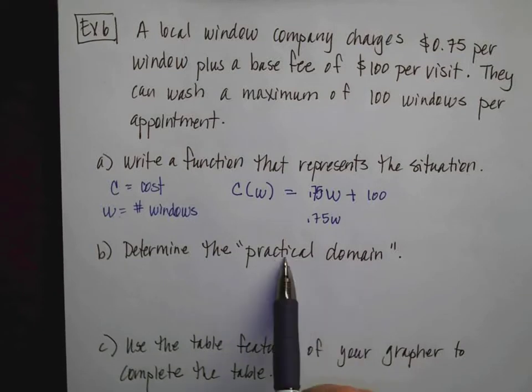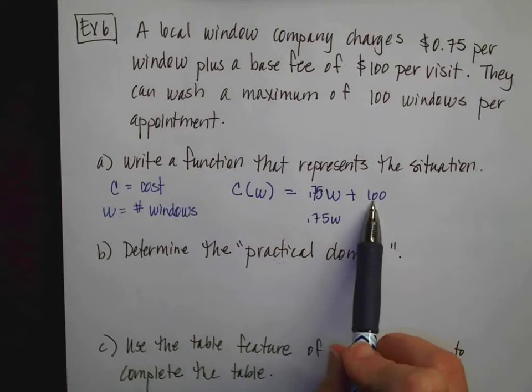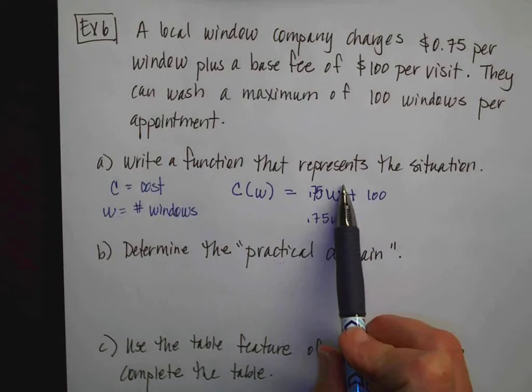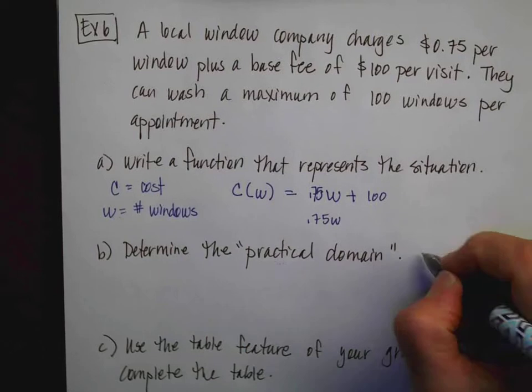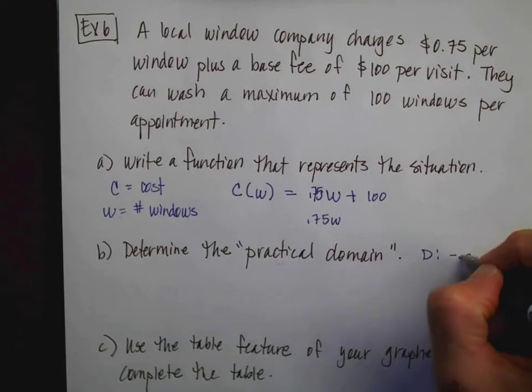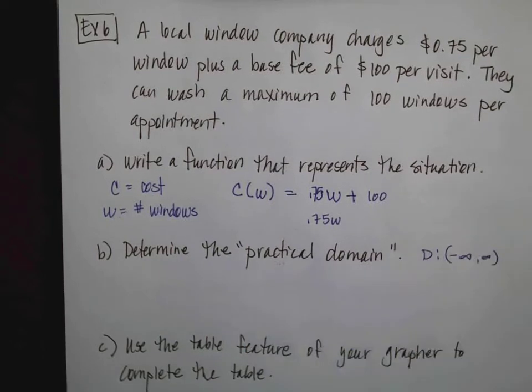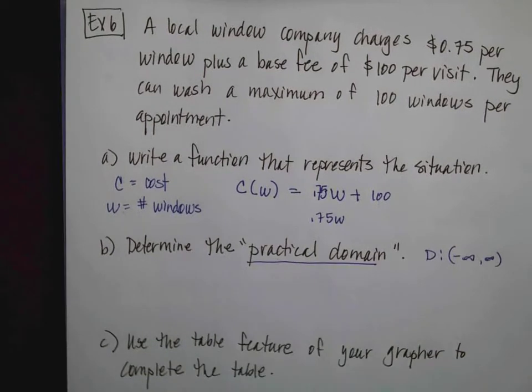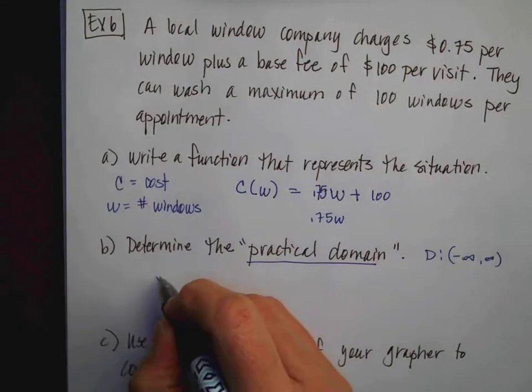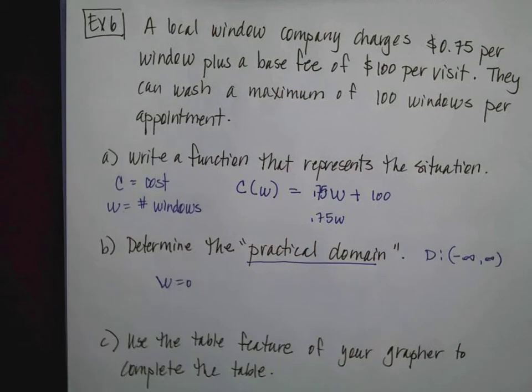The next question adds an additional word to domain. It says the practical domain. So if we look at this function, this is just the equation of a line. W has a power of 1, so this is just a line. That means technically that the whole domain is negative infinity to positive infinity. But the practical domain means where would the values make sense?